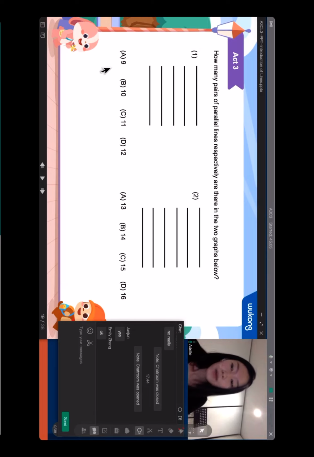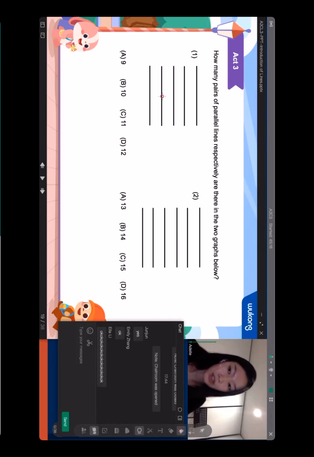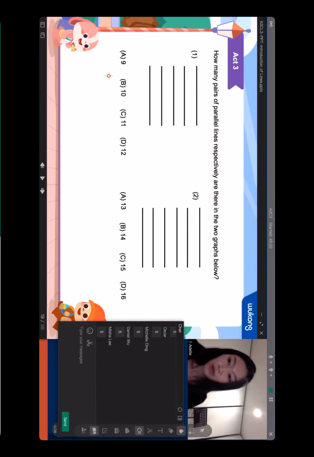So like we said on the last slide, what we're going to do first is find out how many lines there are in total. Can you guys tell me how many lines that are parallel to each other there are in total? There are 5 lines in total. Okay, so we're going to have 5 subtract 1 to find the number that we want to reach in ascending order, which is 4.